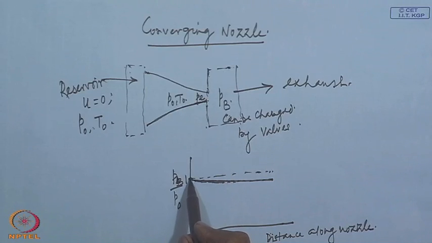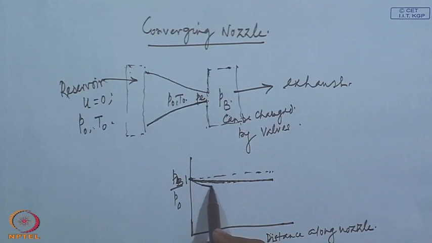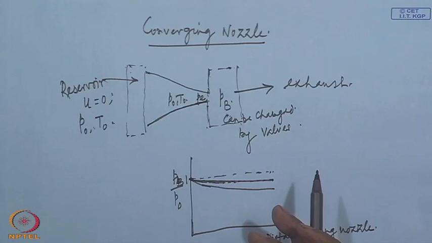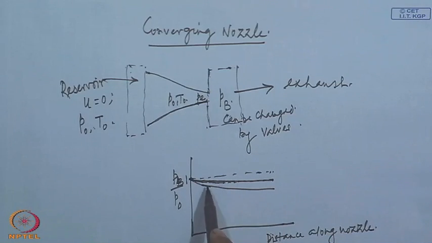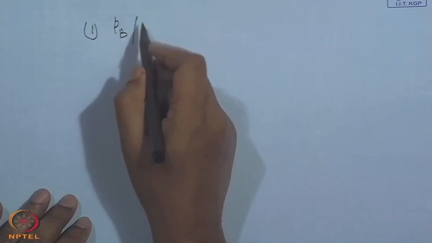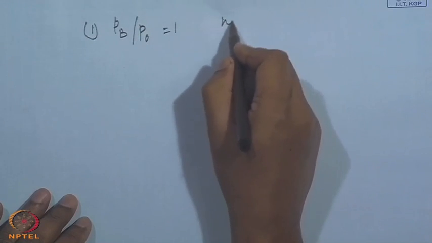If P_b is reduced further, the qualitative behavior remains the same, that is, the flow speed increases, mass flow rate increases, but there is not much qualitative change in the performance of the nozzle. P_b by P0 equal to 1 means no flow.